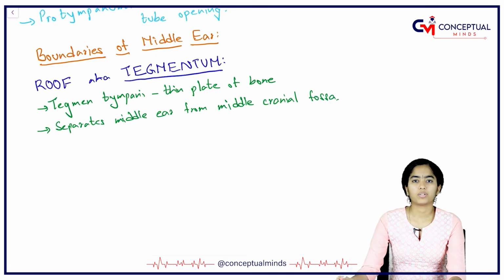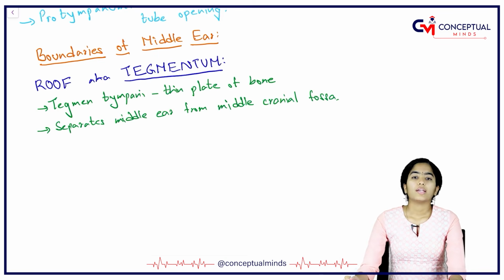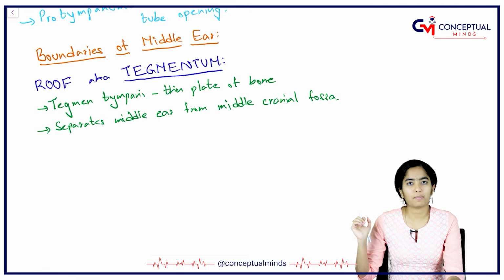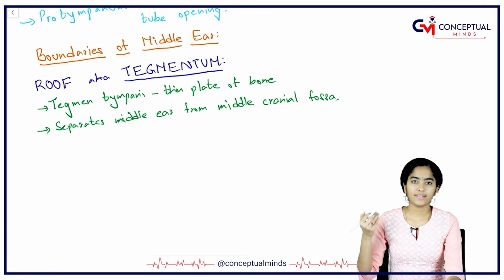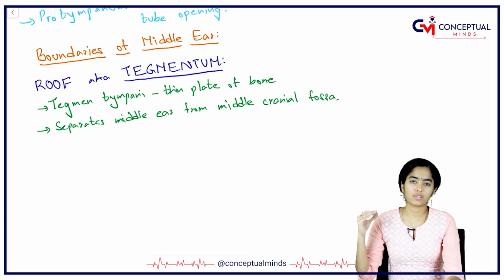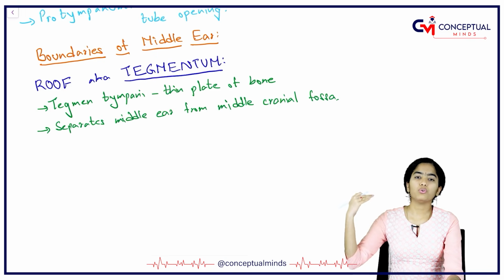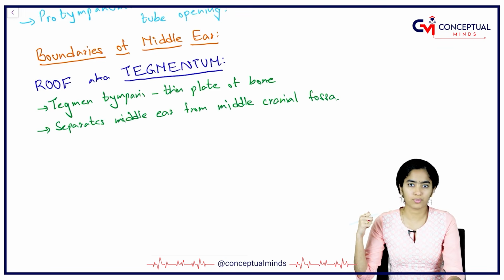That is all about it. The roof is just a thin plate of bone. Now, posterior to the middle ear, there is another space called the mastoid antrum. These two are continuous with each other. There is a communication between the middle ear and the mastoid antrum. So the roof of the middle ear is continuous with the roof of the mastoid antrum also.